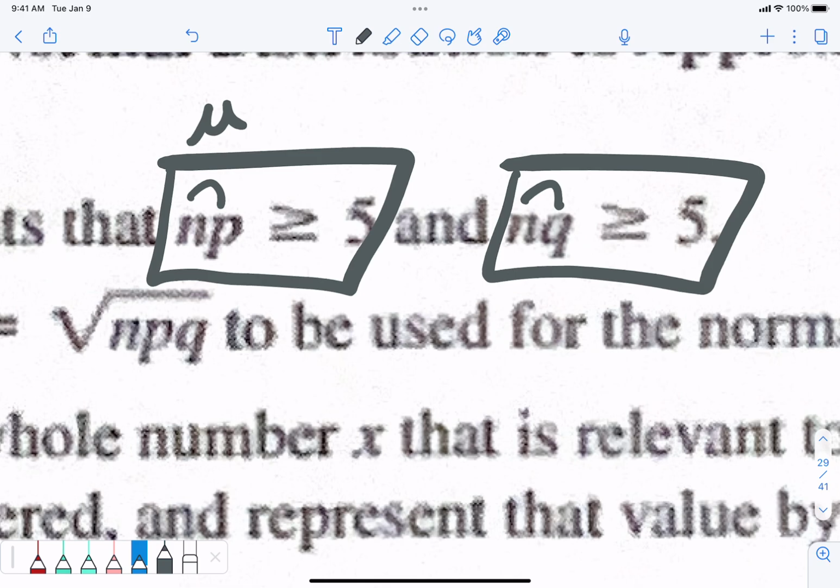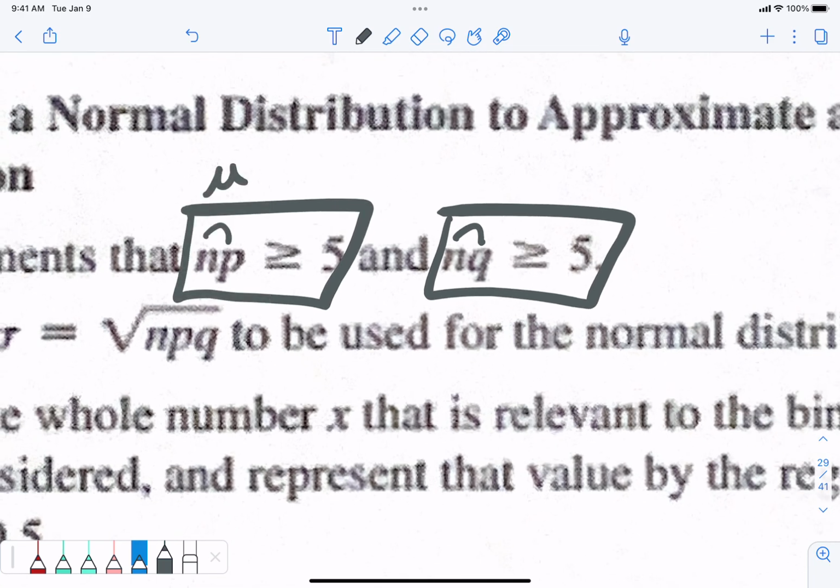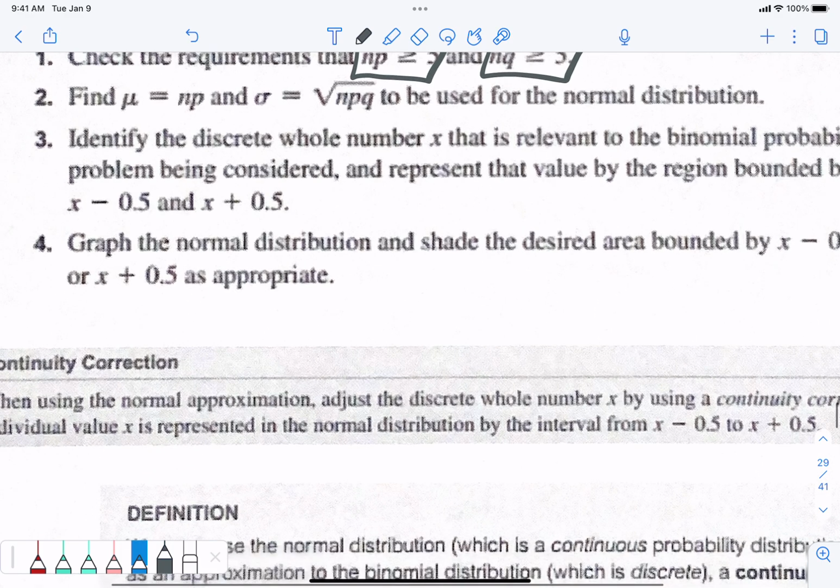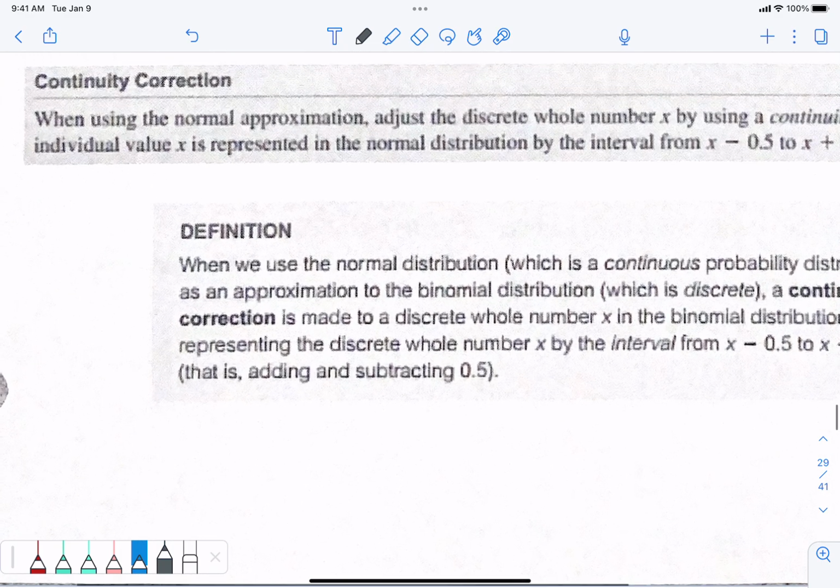If n times p and n times q are not both greater than 5, you cannot do this problem and you just move on. For the purpose of small calculations, yes, we violated the 30 rule on Wednesday, which was fine. They just wanted to make the calculations easier for you. But these ones you do need to check. You need to check to see if n times p and n times q are greater than 5. If not, then you can't do it. Good? Moving on.